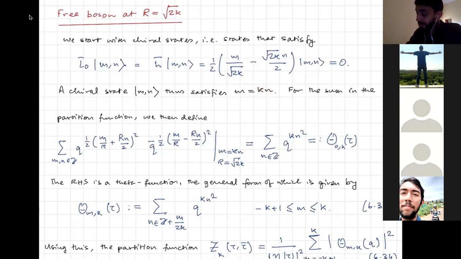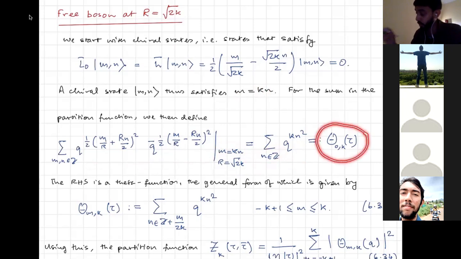So if we're looking at this sector, then in the sum for the partition function, we have to put M equal to Nk, and we have to put R equal to root 2k. If we do this, our sum takes a nice form, q to the kn squared. Okay, this particular sum over all n is something which is a theta function.